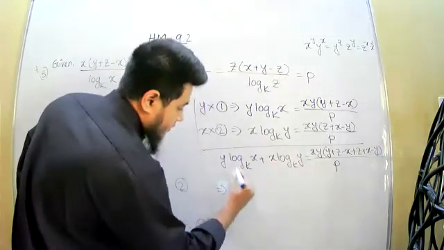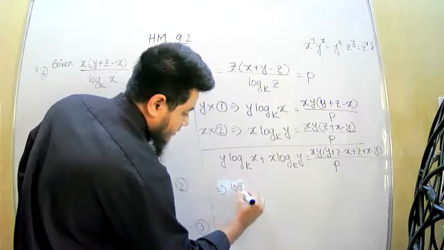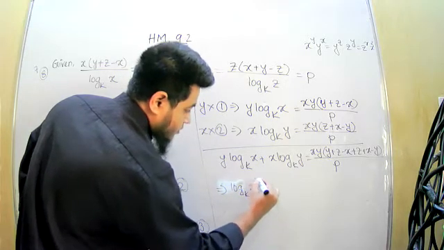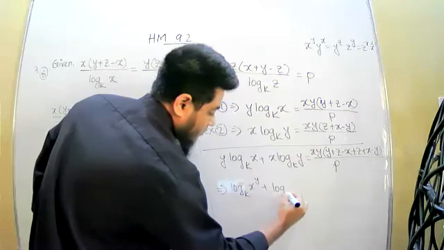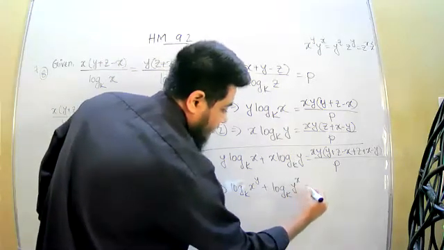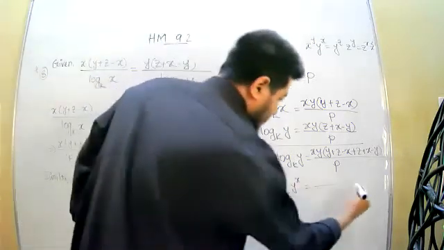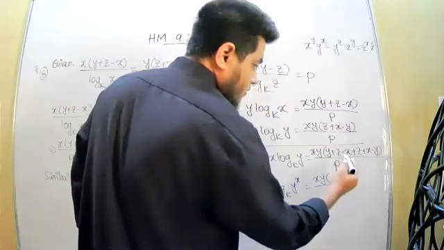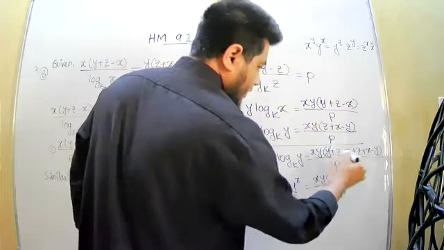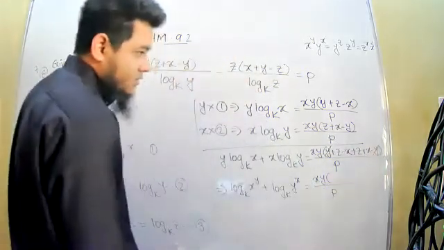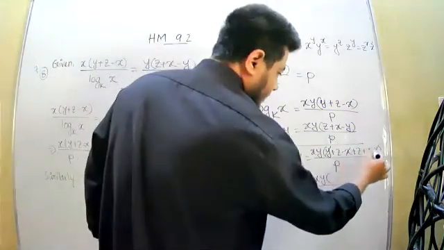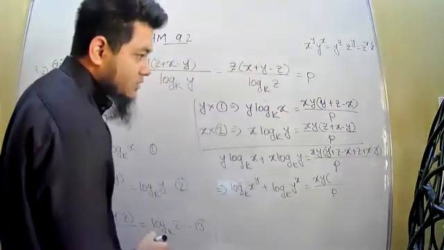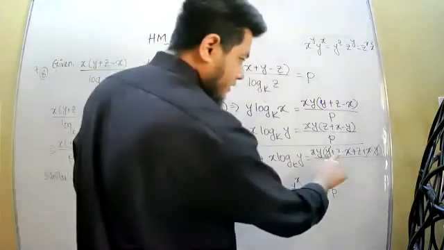So from here we can write log k base x to the power y plus log k base y to the power x is equal to xy into, y and y is getting cancelled, right? And x is getting cancelled. So we have only 2z.